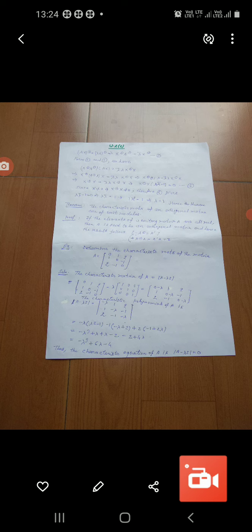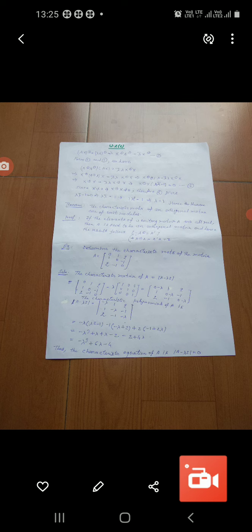This implies that x^θ (A^θ A) x equals lambda bar lambda x^θ x, and this implies x^θ I x, since A^θ A is equal to I, equals lambda bar lambda x^θ x.